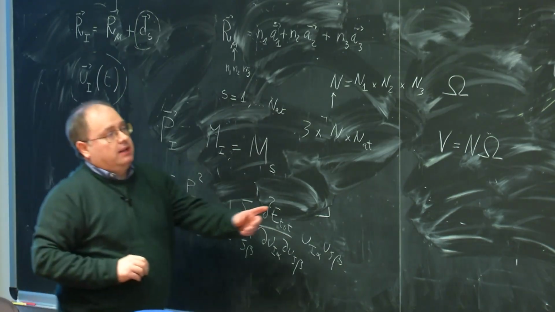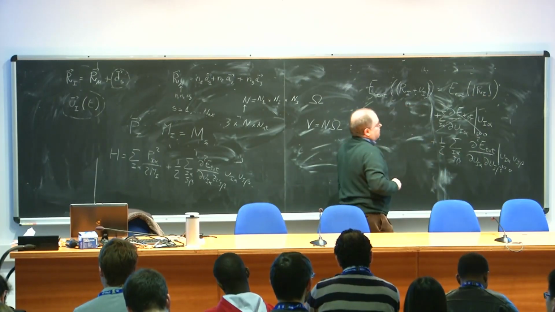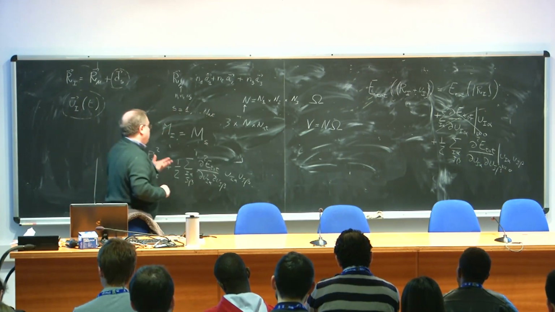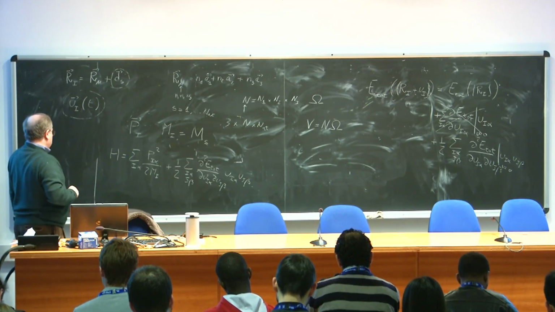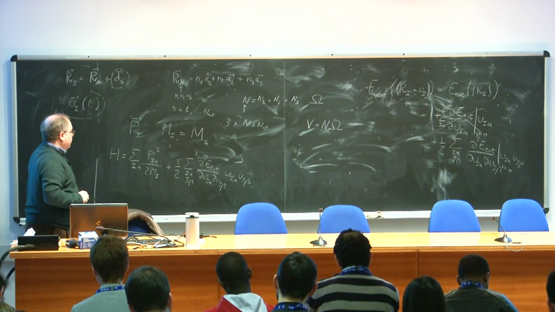I have not written the first term because it does not depend on our variable U I. It is a constant. If you want, you can put it here, but then it will not enter into the following derivation.